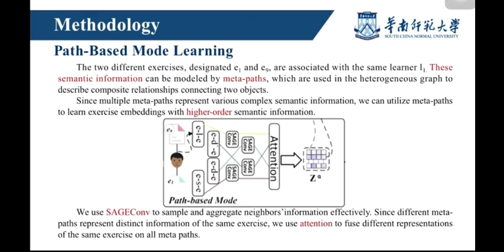We use the SAGE convolutional network to sample and aggregate neighbors' information. Since different meta paths represent distinct information of the same exercise, we use attention to fuse different representations of the same exercise on all meta paths.